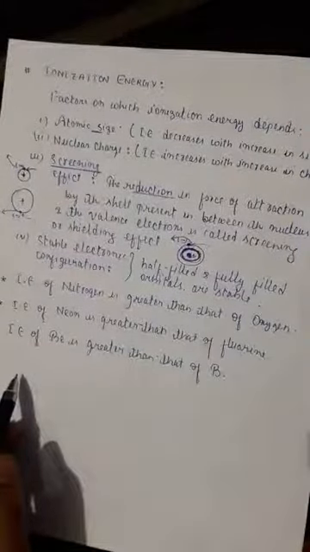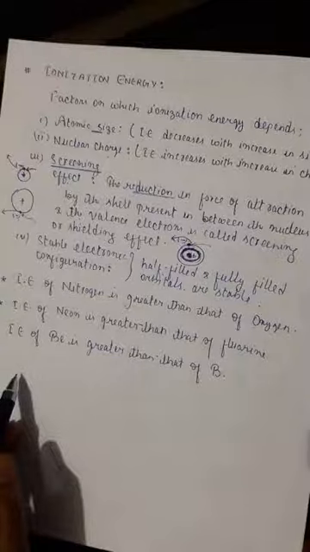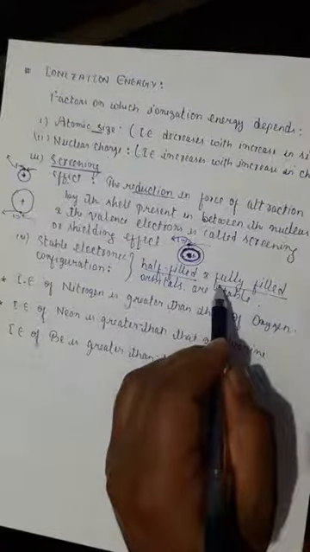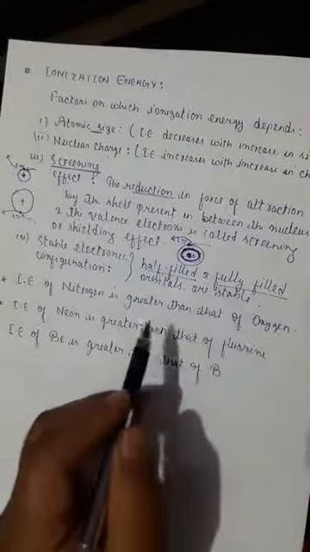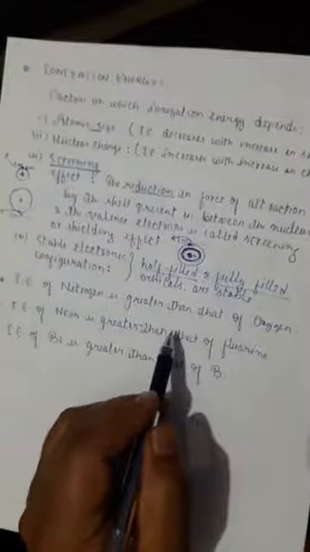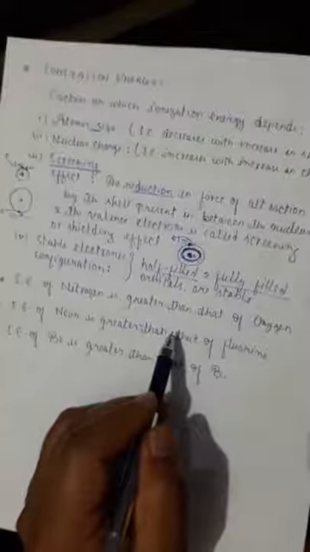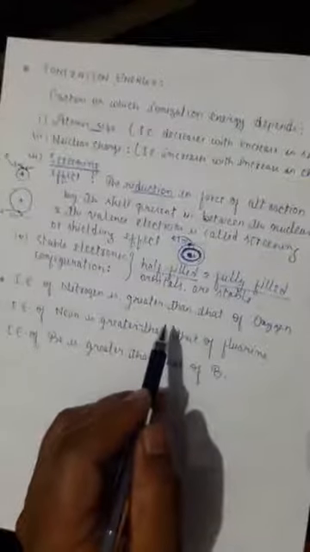Whenever an atom has either a half-filled or fully filled configuration, then those atoms will be very, very stable. And if they are stable, what will happen? The electrons cannot be easily removed.